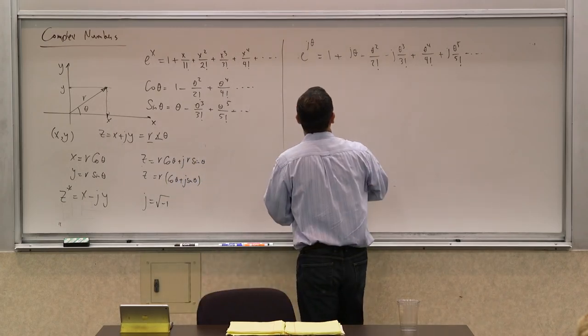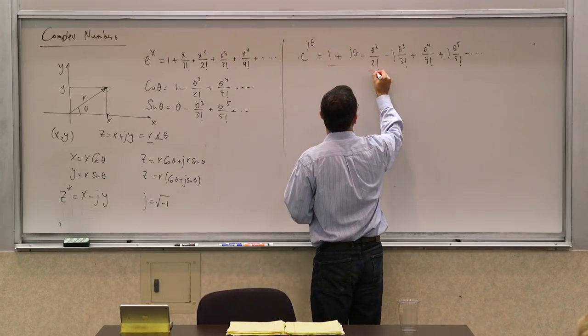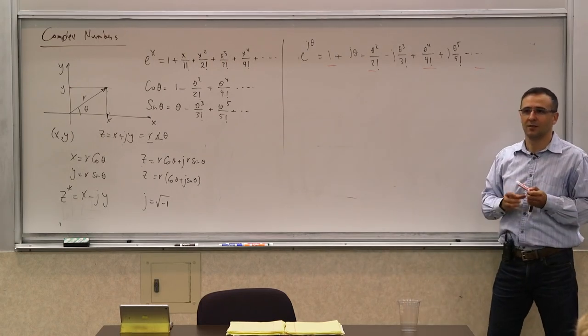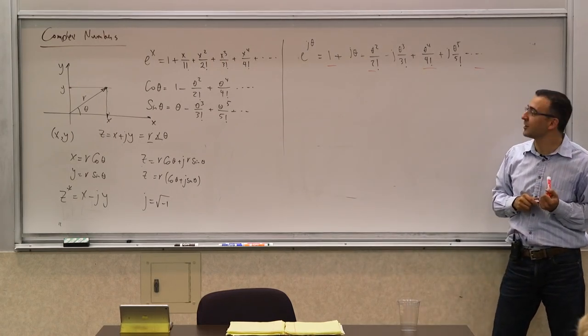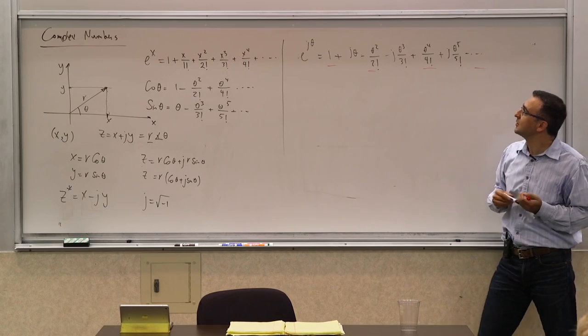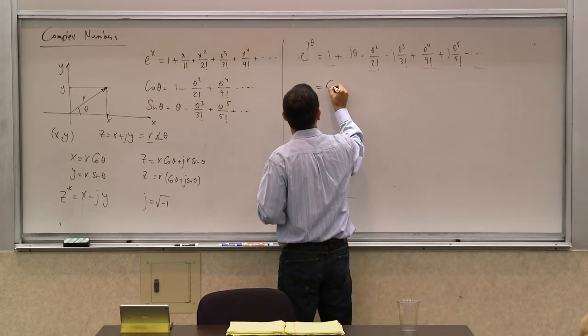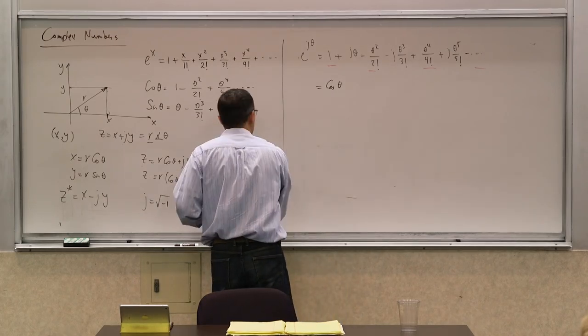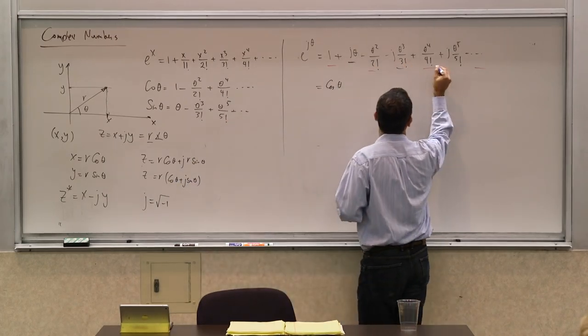So if I take these terms, what do I get? What are those terms that I have a red line underneath? Right. So those are the cos of theta. And then how about the ones with the blue underneath them?